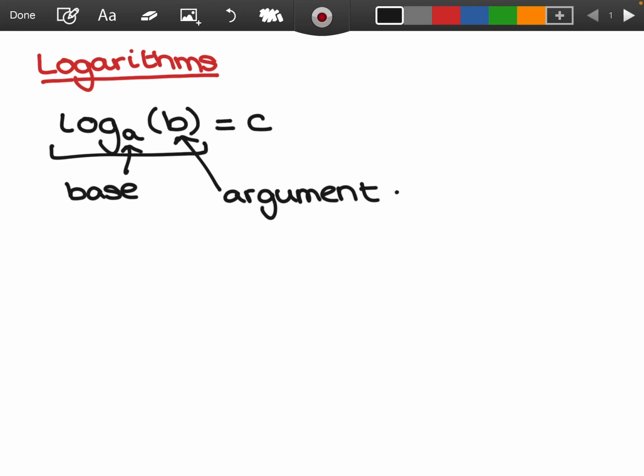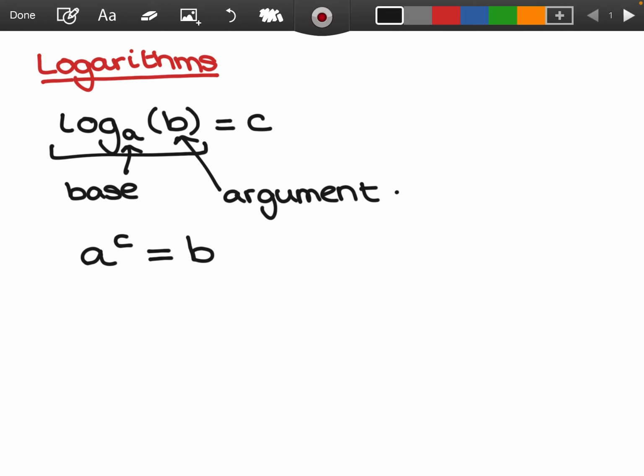Okay. What does this function mean? What does it do? What this function says is it's asking what power I have to raise A to in order to get B. So it's asking what is the value of C such that A to the C is equal to B. So the base is the base of that exponential.